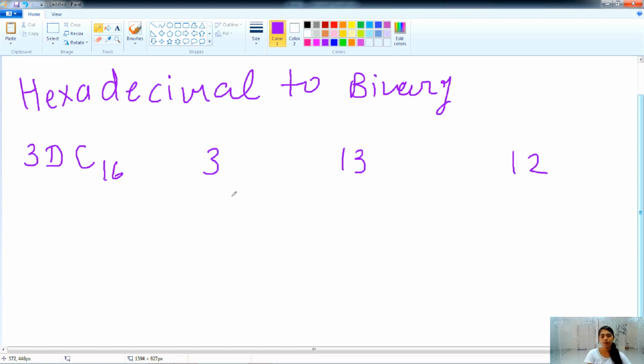Now we find the appropriate binary numbers for these. For the first place of binary, the value would be 1. For the second place, it would be 2. For the third place, it would be 4. And for the fourth place, it would be 8.